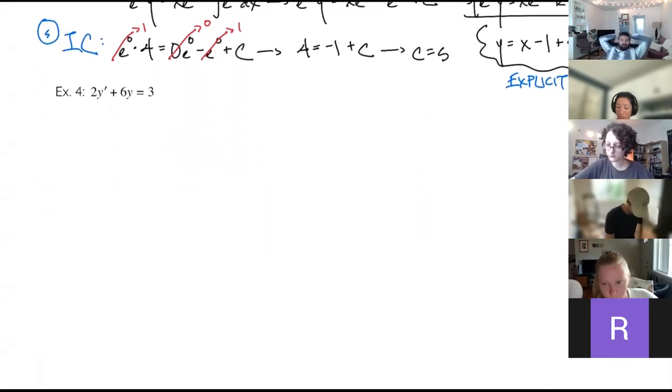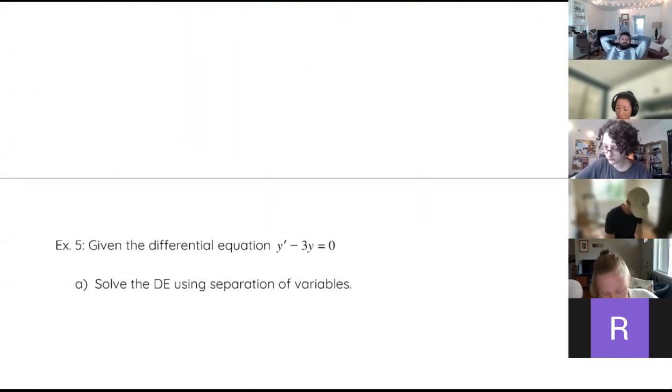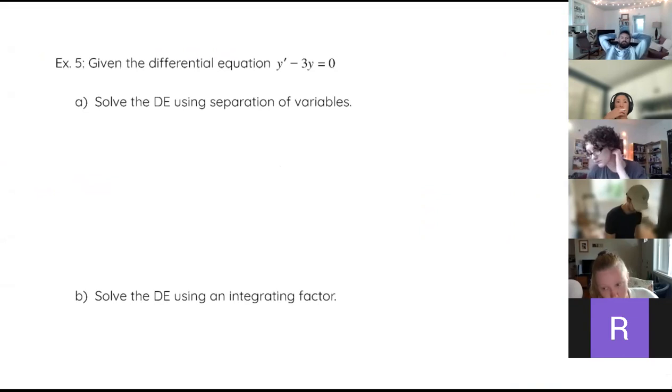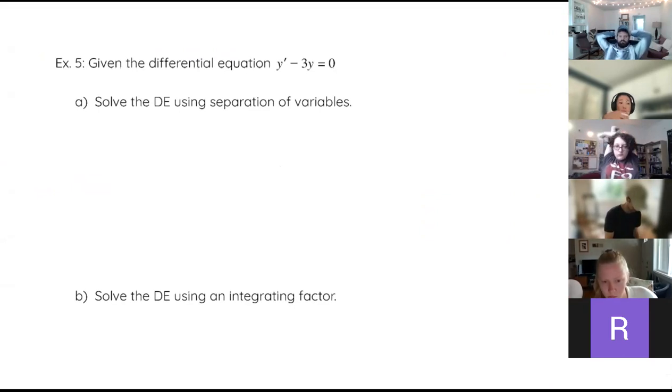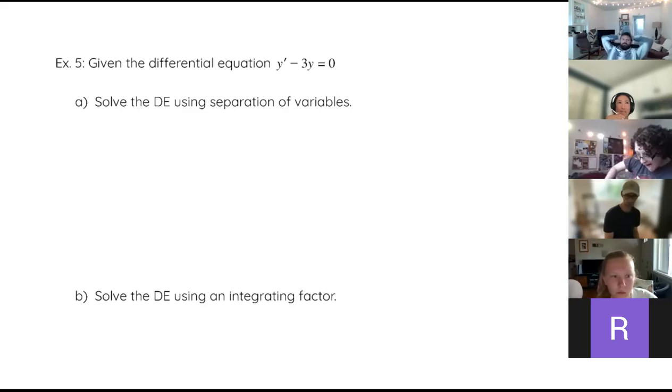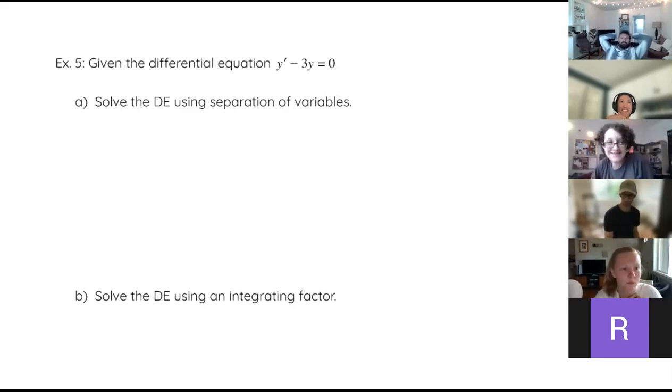The last one, I do just want to show you that sometimes we can actually use 2 different methods to solve the same problem, right? And typically that's sort of like a nightmare situation for some of us. We're like, oh gosh, we can use more than one method. Which one should we use? And so I thought this was a good exercise to think about. What if we use separation of variables?